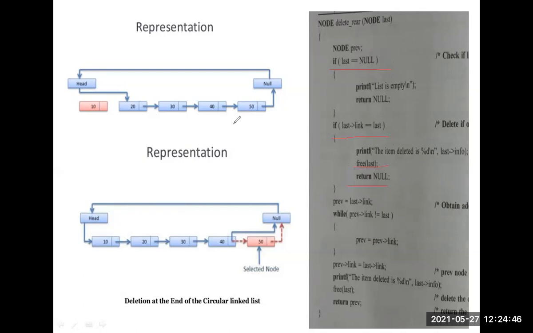If there exists more than one node, store the first node address in a temporary variable, taking previous equal to last of link, and previous of link not equal to last. In a linked list we normally use null, repeating the condition up to null, but here the last of link contains the first node address. So the first node address is known as last. So here previous of link not equal to last.